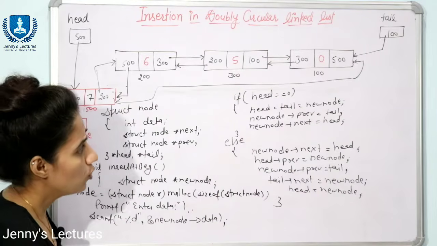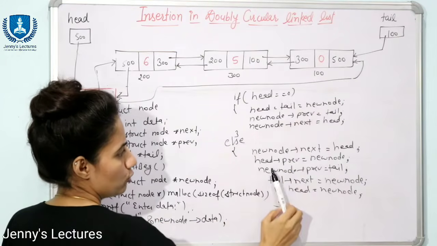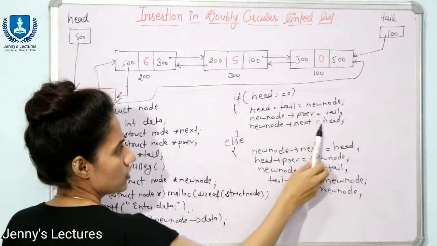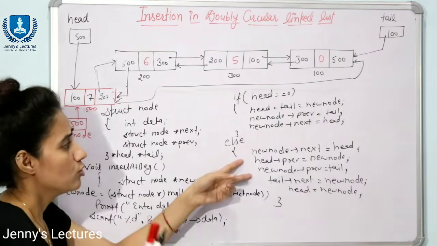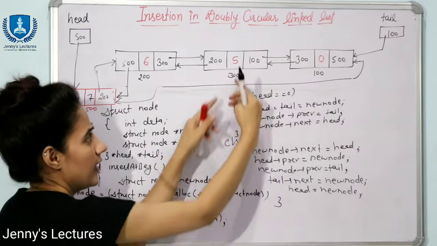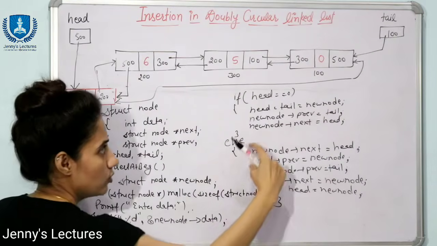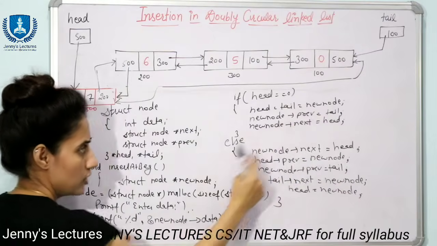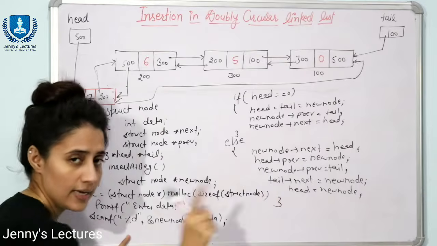Fine. Plus one more thing what you can do, see here new node previous is equal to tail, here also new node previous is equal to tail, new node next is equal to head, new node next is equal to head, right? Both the lines are same. So what you can do, before if and else, here after taking this data, here you can write both the lines, this new node previous, this new node next here. Before if else, not after else.